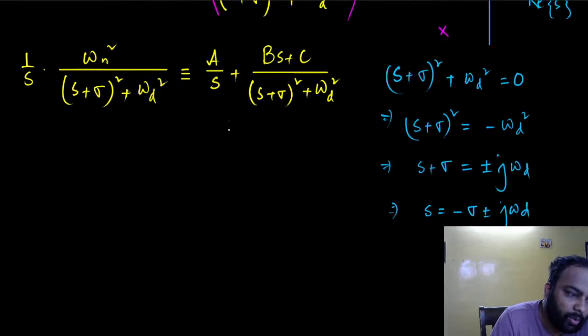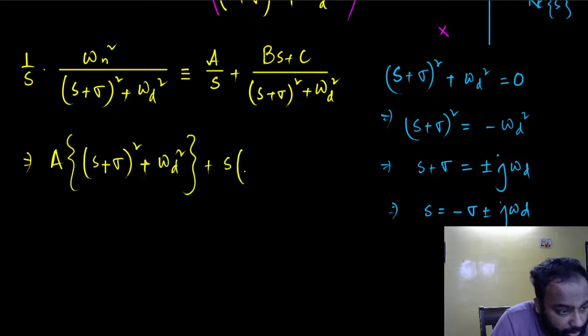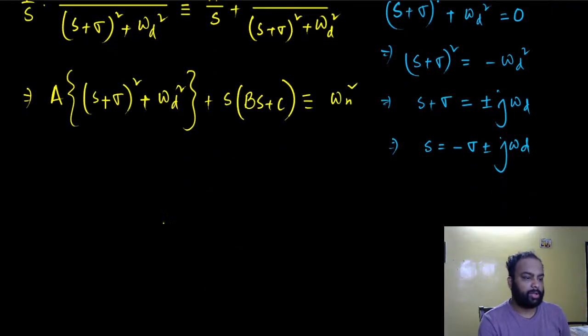So let's do that. If I check the identity on the numerator, this becomes A multiplied with (s plus sigma) whole squared plus omega_d squared, plus s into (Bs plus C), and this is equivalent to omega_n squared.